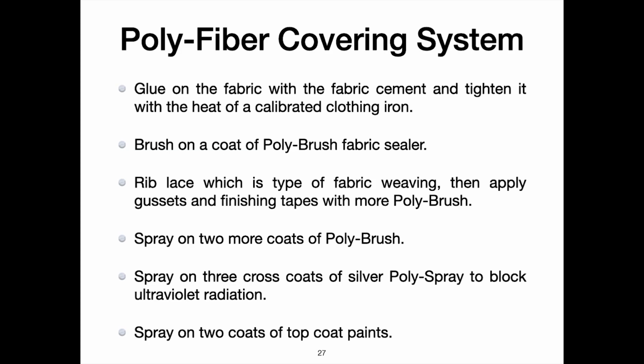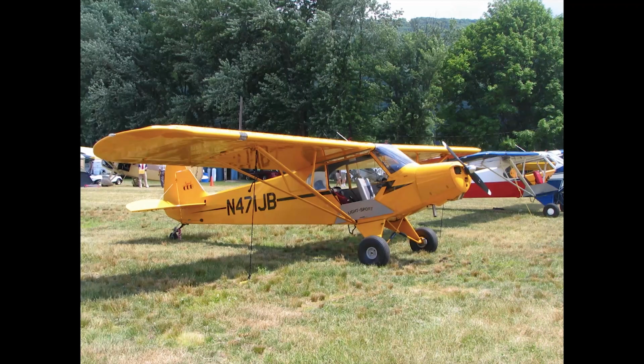Step 5, spray on 3 cross coats of silver Polyspray to block ultraviolet radiation. Finally, the last step, 6, is to spray on 2 more coats of top coat paints. This gives you the Polyfiber coating system and hence the covering system.